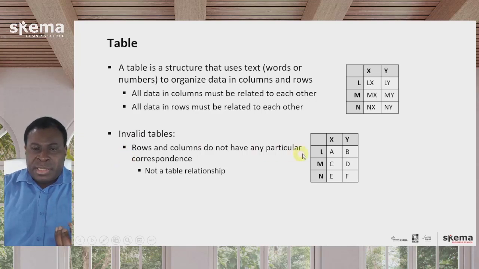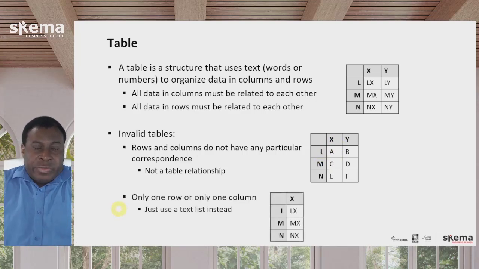So in this example, you have the rows and columns, the same as in the first table, but the data elements A, B, C, D, E, F do not have any obvious correspondence to the rows or to the columns in which they're placed. Now, this is an extreme example where they're just sorted alphabetically. Sometimes it's one element that doesn't quite have the correspondence. But if there's not that strict correspondence between rows and columns, then this is not a valid table.